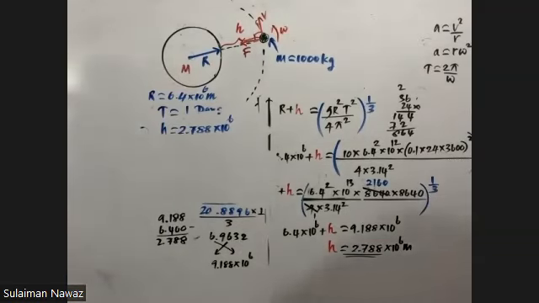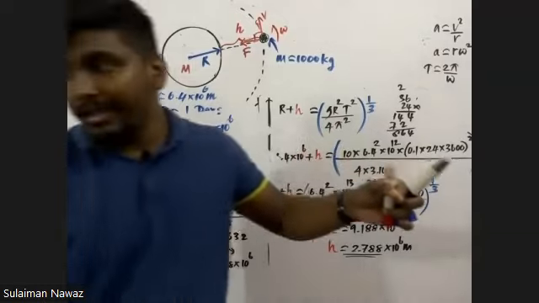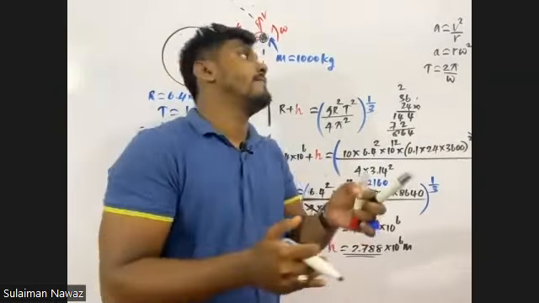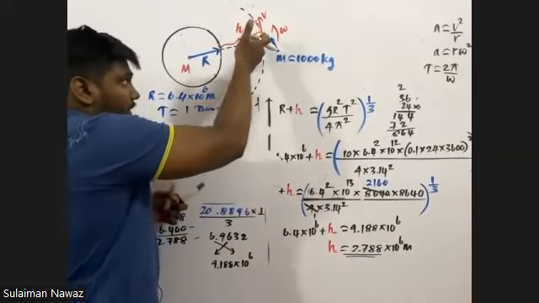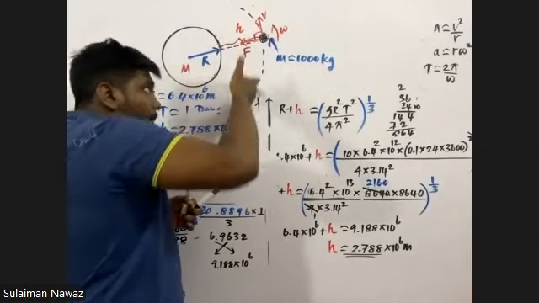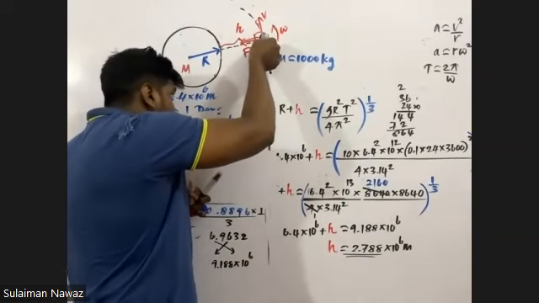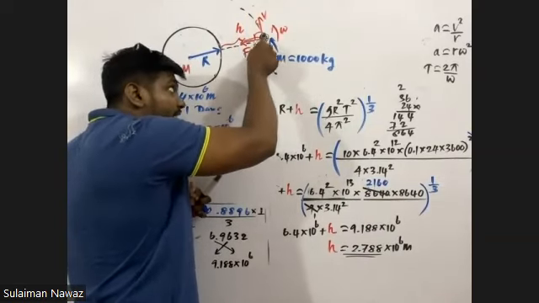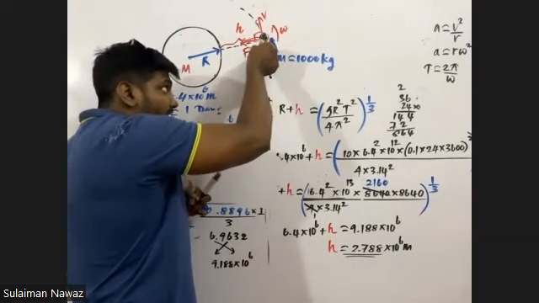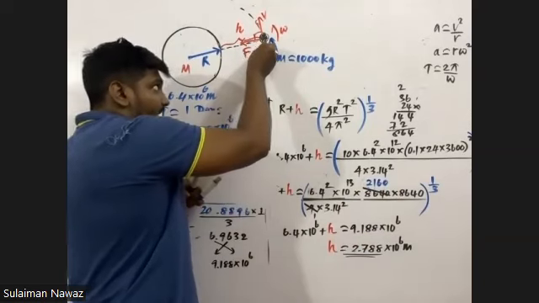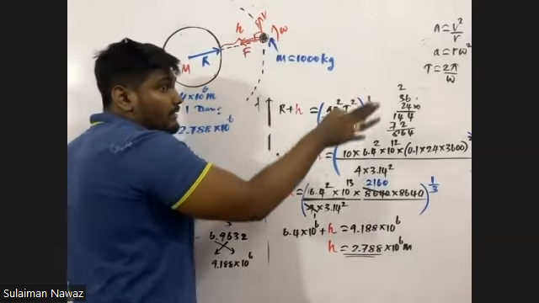Now they are asking to calculate the total energy of the satellite in its orbit. When the satellite is moving around this orbit, the satellite has kinetic energy. How do you find the kinetic energy? Half m v squared.